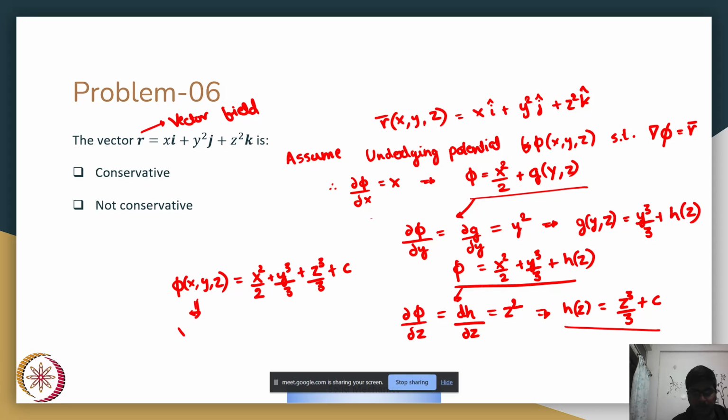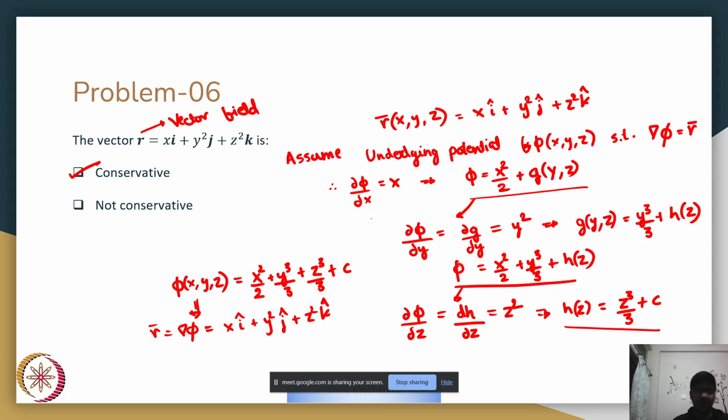If this is our underlying potential, then R equal to grad phi ends up being x i hat plus y squared j hat plus z squared k hat. So we are able to show, by assuming an unknown form of underlying potential, that it does indeed exist, thus our vector field is conservative.